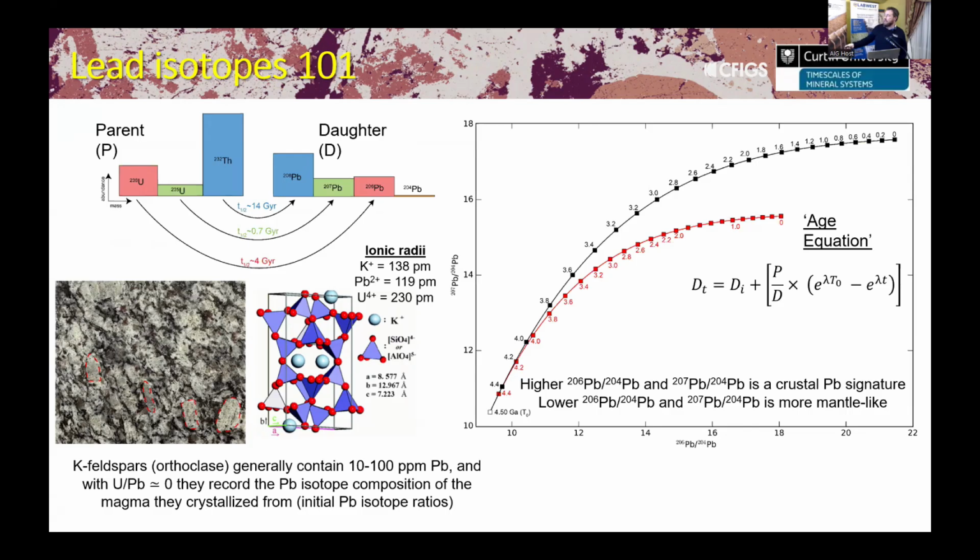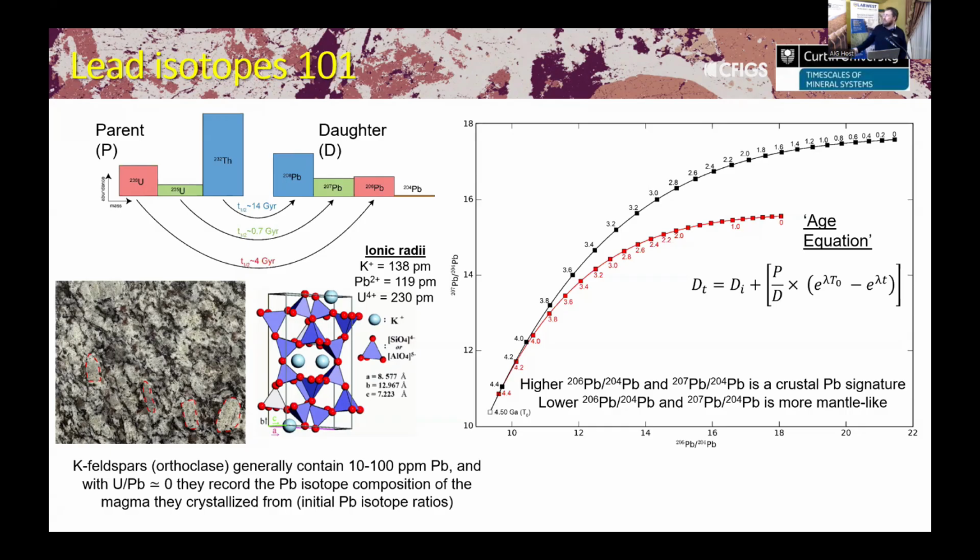So what that means is if we're measuring lead isotopes 206/204, 207/204, over time we're predicting the crust to evolve along this red line. If there's more uranium in that system, it'll evolve along the black line. So they evolve along these curved trajectories depending on the amount of uranium. More uranium, they're going to go higher on that diagram. Less uranium, they're going to go lower on that diagram.